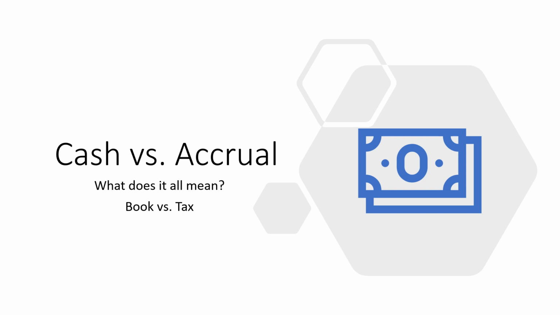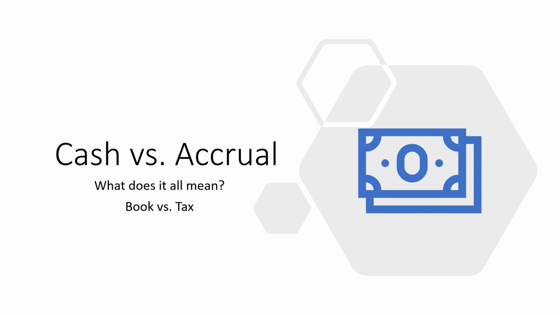What is the book versus tax? Well, it's very common to have your books as accrual basis and your tax as cash basis, meaning that you could use your accounting software to issue invoices, which is accounts receivable, and or enter bills to be paid at a later date, which is accounts payable.